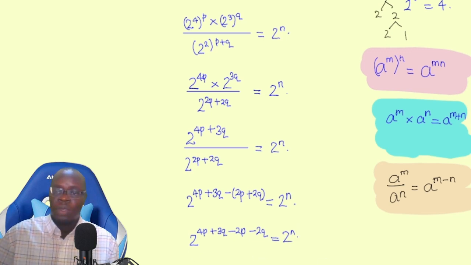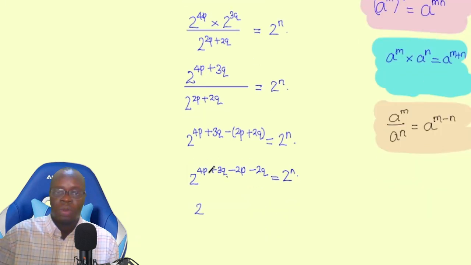Now what we can do is to just simplify. So we have 4p minus 2p, we have here 2p, then 3q minus 2q, we have q, and this is equivalent to 2 exponent n.